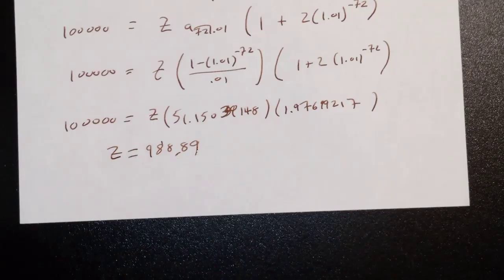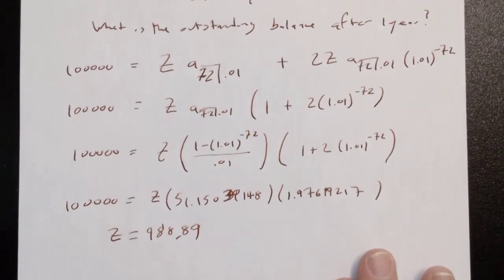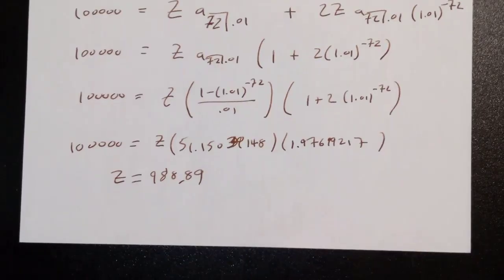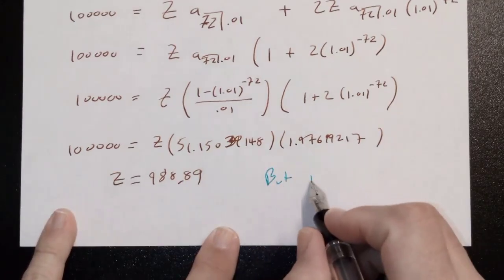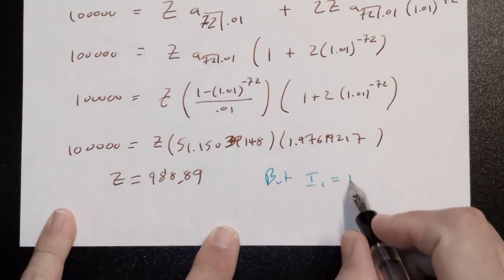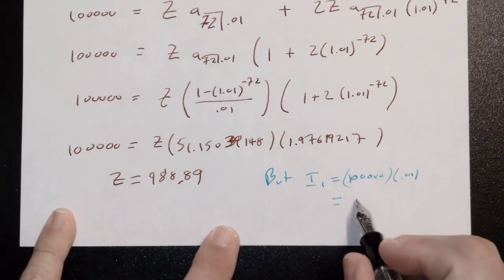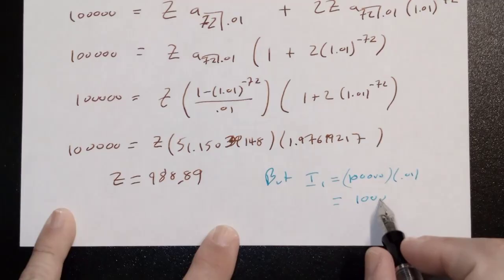Now, my first reaction is that this is a problem. Because remember, I'm borrowing $100,000 at 1% a month. What's the interest paid in the first month? Uh-oh.